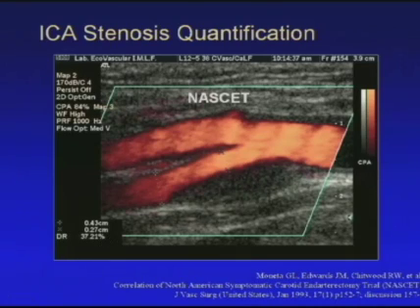The computer offers the results when you place the calipers. And it says here 37%. But maybe if you make the measurements here, you can say that it's more than 50%. This is a non-significant stenosis, and more than 50% is a significant stenosis.